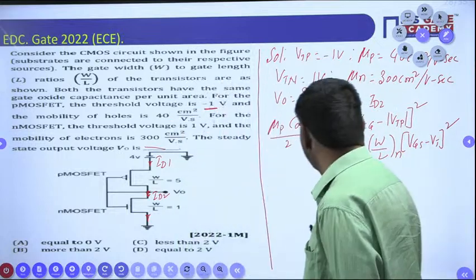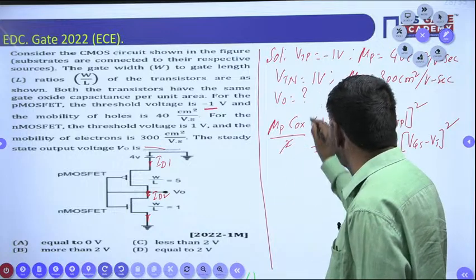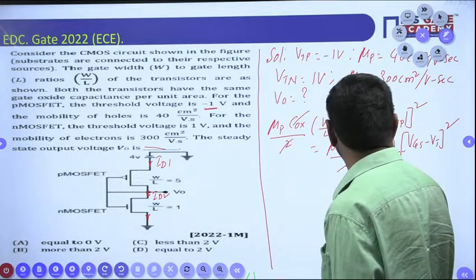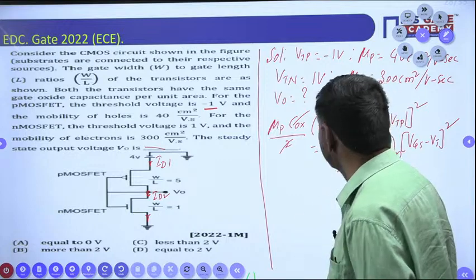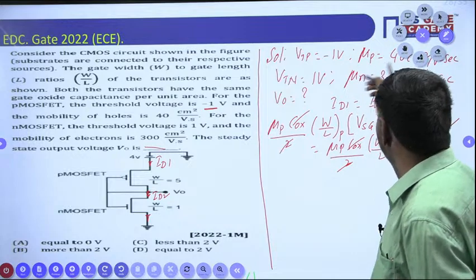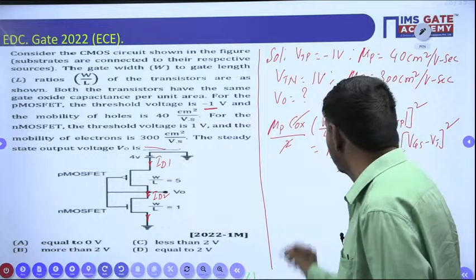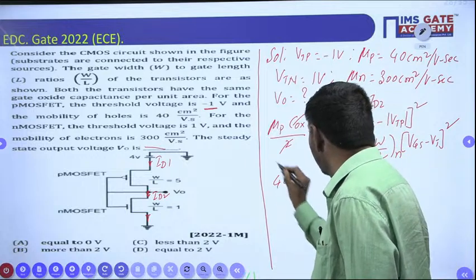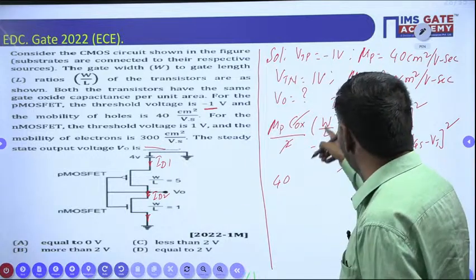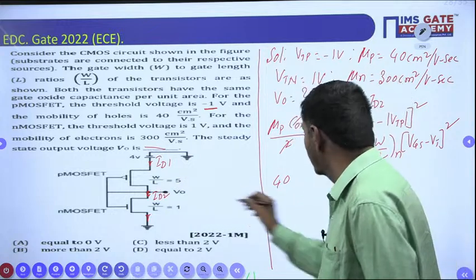I can cancel 2 and 2 on both sides, and COX can be cancelled on both sides. Mu P is given here, nothing but 40 cm square per volt second. W by L of the P-type MOSFET, the aspect ratio, is given here as 5.